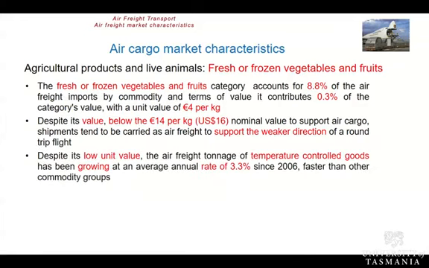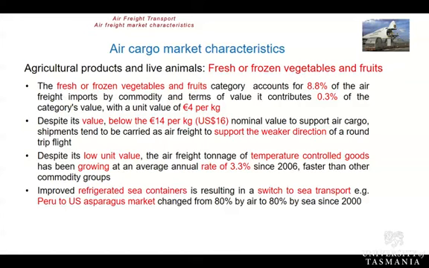Despite its low value, in fact, temperature-controlled goods have actually increased over time to around about 3% since 2006, and that's over and above the growth rate of many other types of air cargo during that time.